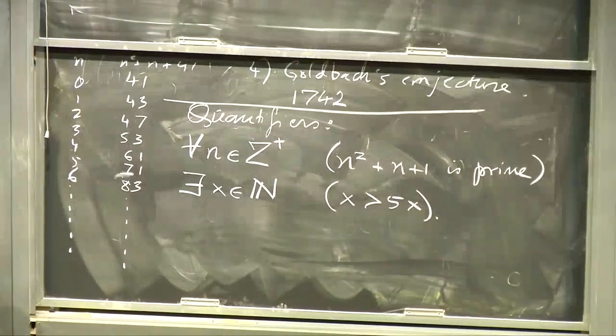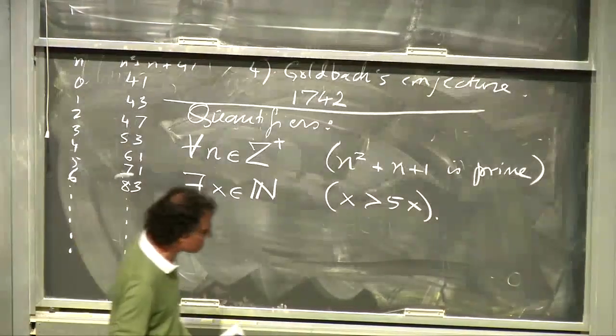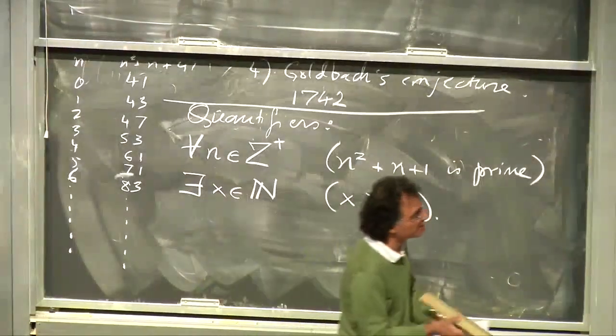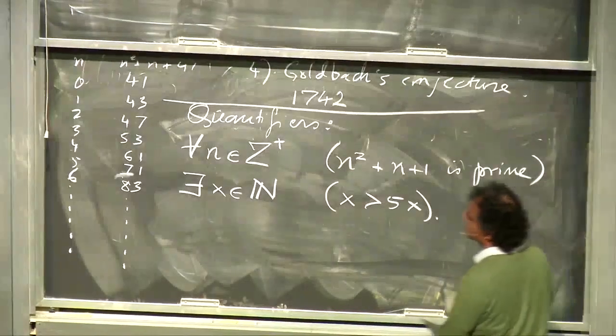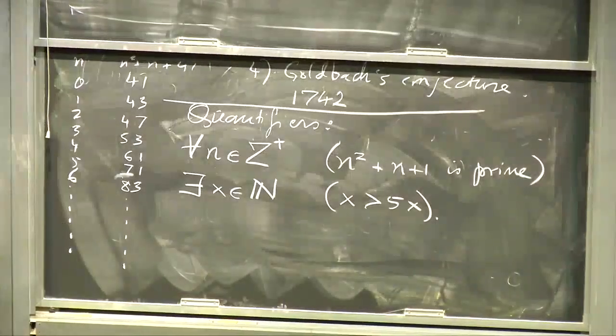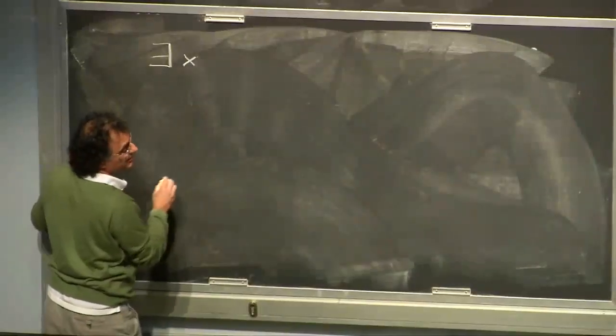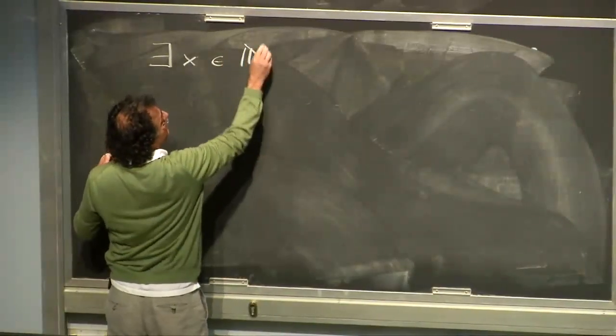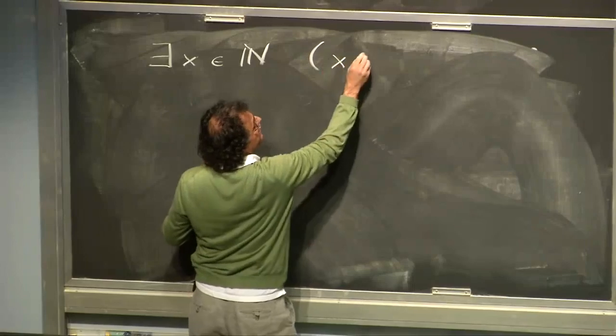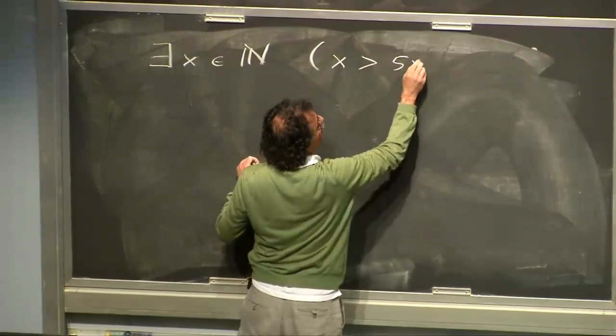Now, let me spend the last couple of minutes talking about something rather interesting that happens. Suppose you say there exists x belonging to n such that x is greater than 5x.